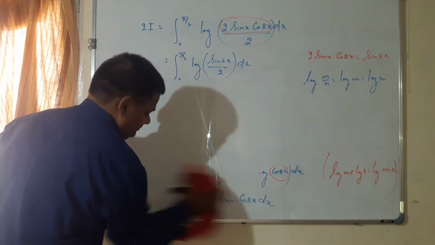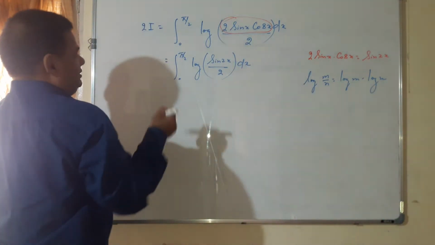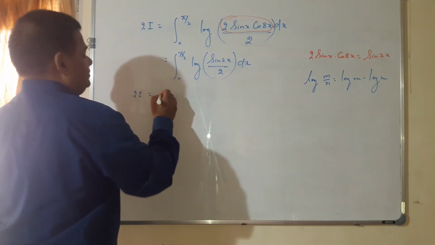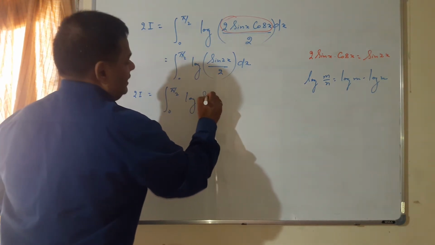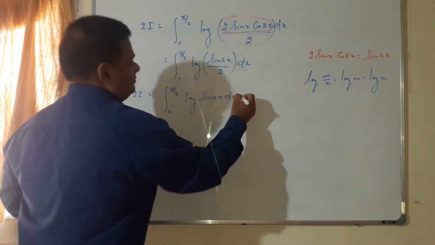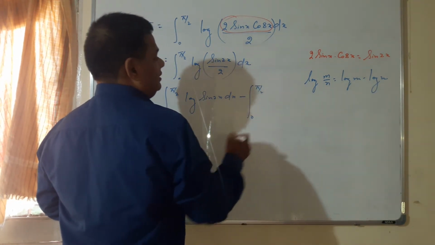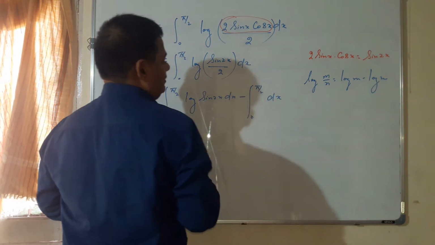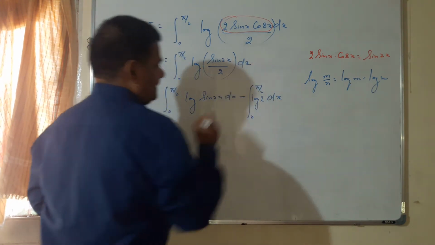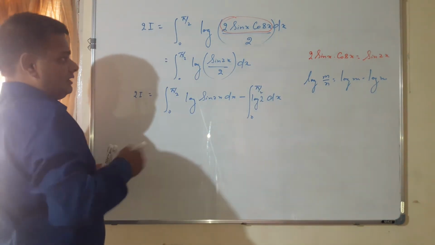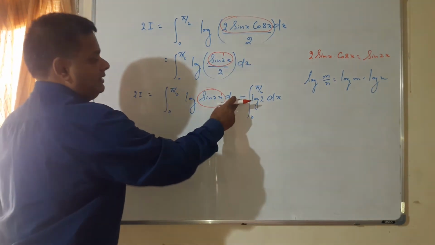Now 2I is equal to integral 0 to pi by 2 of log sin 2x dx minus integral 0 to pi by 2 of log 2 dx. Here m is log sin 2x and n is 2, so log m minus log n.